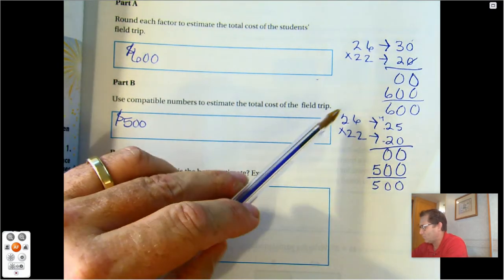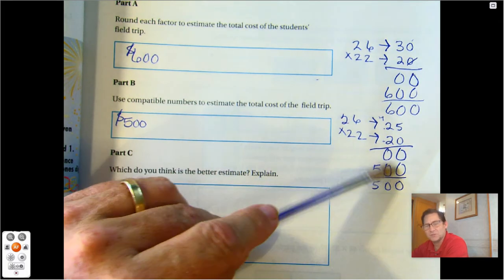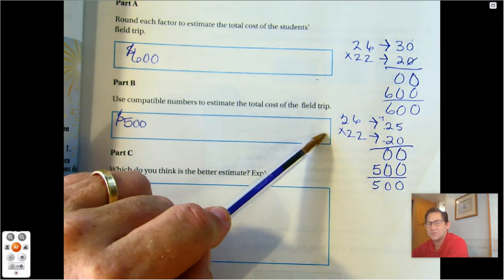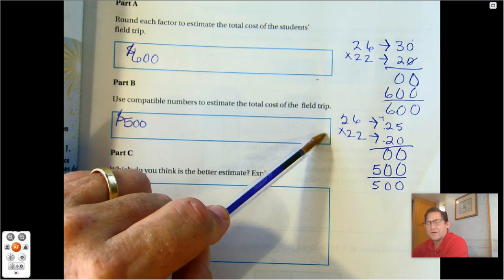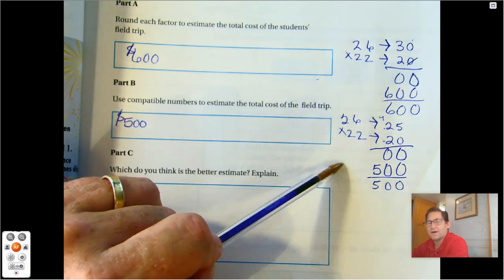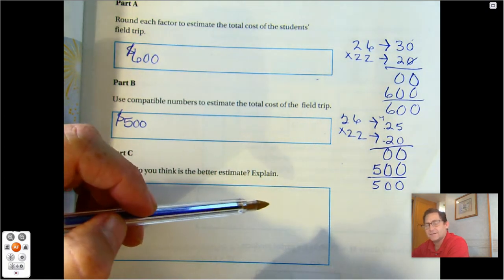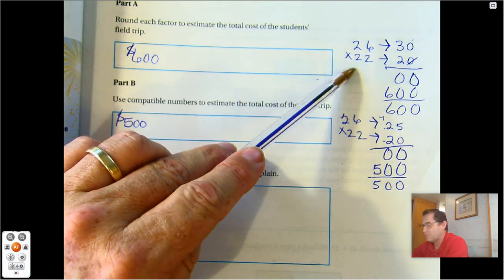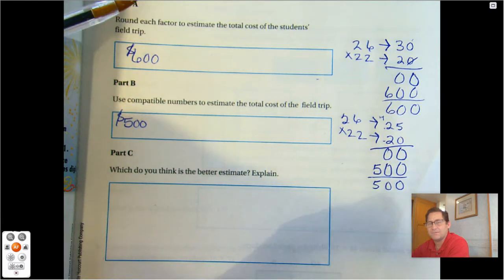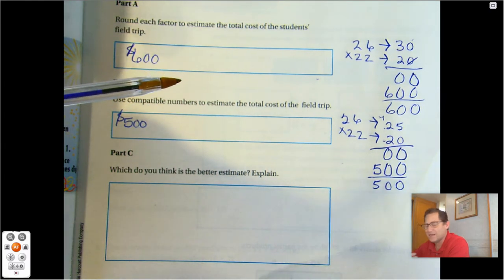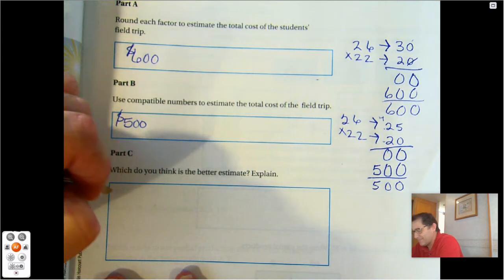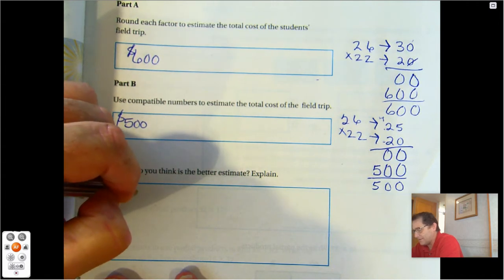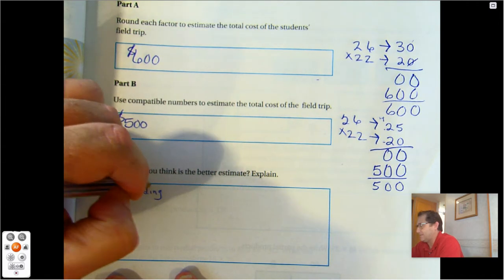In this one, I made 26 a little smaller, and I also made 22 smaller. So if I round both my numbers lower, I'm underestimating the amount. And this one could be balanced because I rounded one up and one down. So in theory, I guess rounding the factors would give me a more accurate estimate.